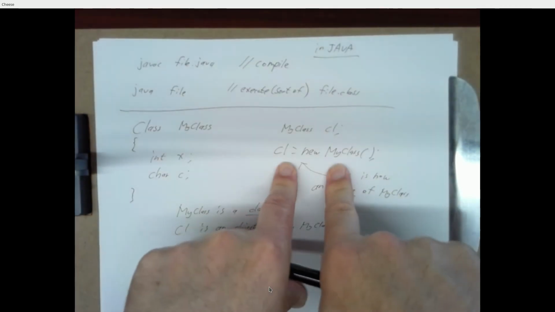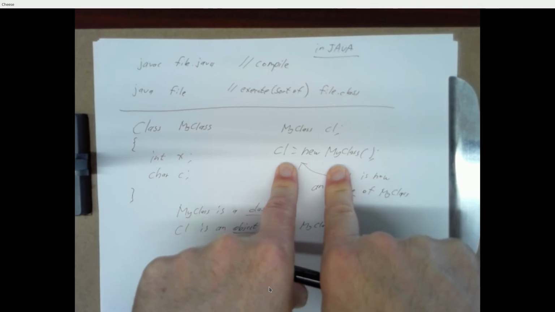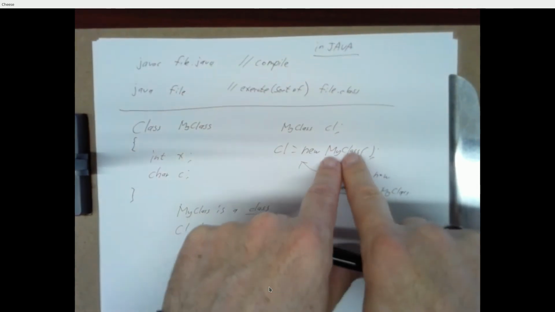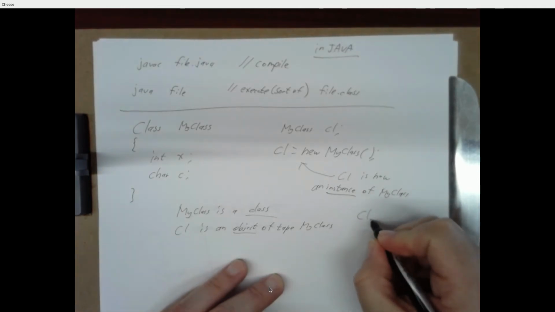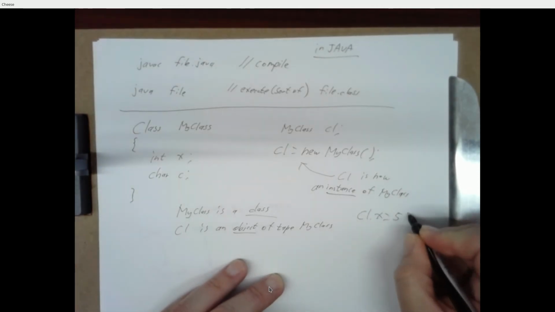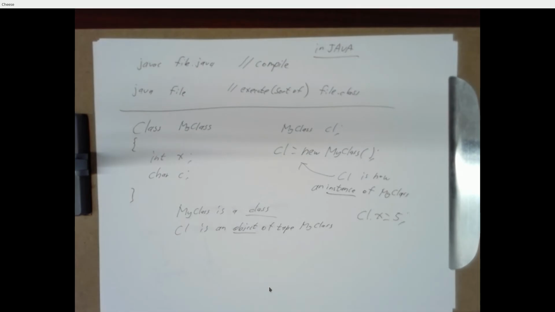This is what actually creates this object CL. So it creates an instance of this blueprint, this class called my class, and now CL is a genuine object. And at that point we can say something like CL.x equals, right? We can start referring to the fields of CL.